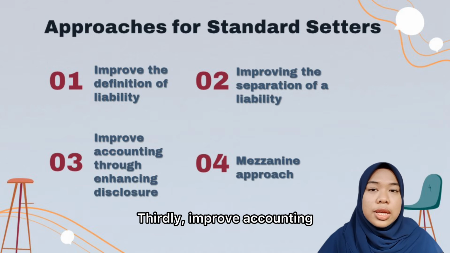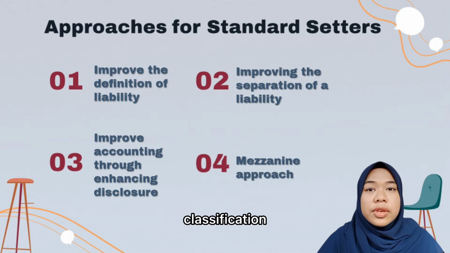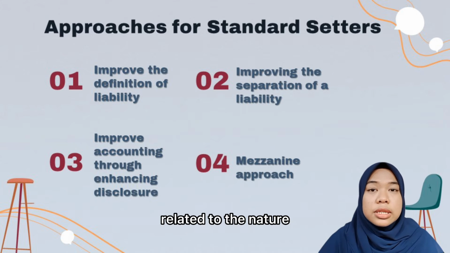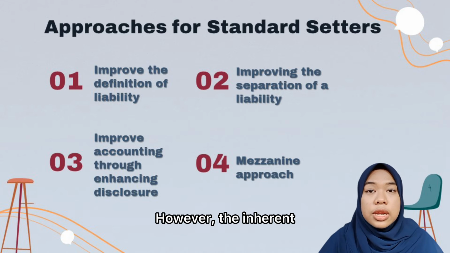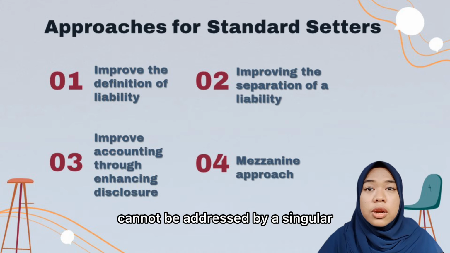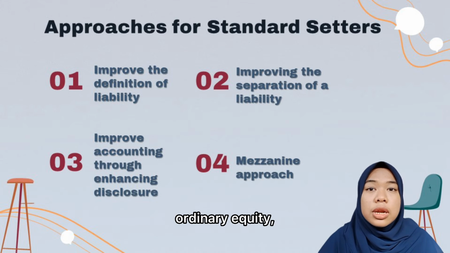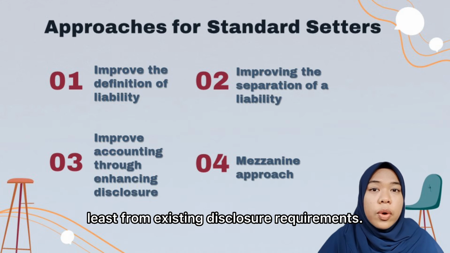Thirdly, improve accounting through enhancing disclosure. The dichotomous debt-equity classification focuses on only one characteristic related to the nature of the claim. However, the inherent complexity of compound instruments cannot be addressed by a singular relevant characteristic. Presently, the process of valuing ordinary equity benefits the least from existing disclosure requirements.